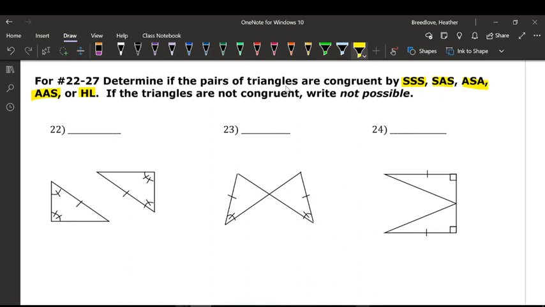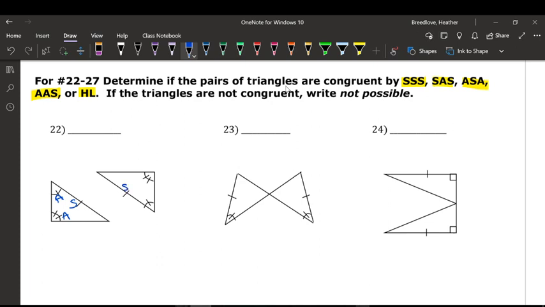All right, so here we're just going to go through and mark what is given. Mark the given information. Mark what you know. So these are separated. This is a side, and then we have an angle, and then we have another angle. But I do need to make sure they match also, so I need to label the other one.